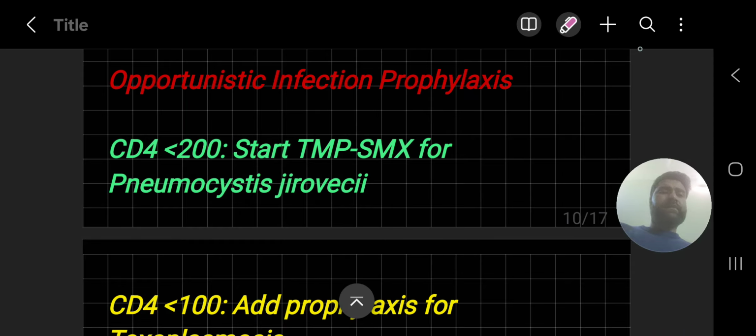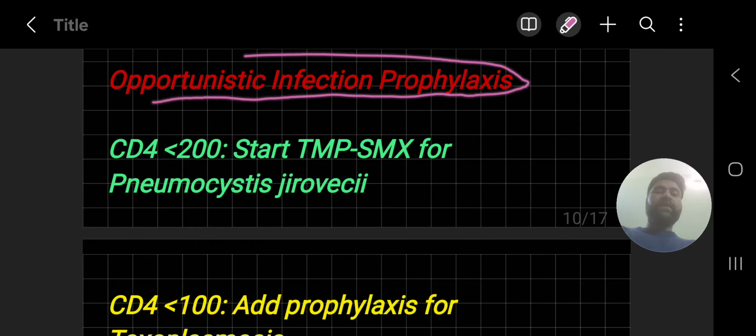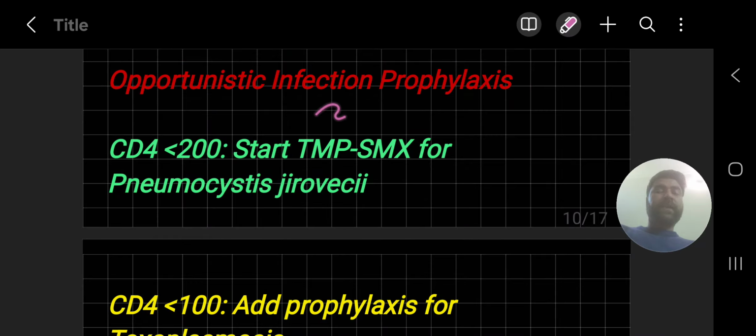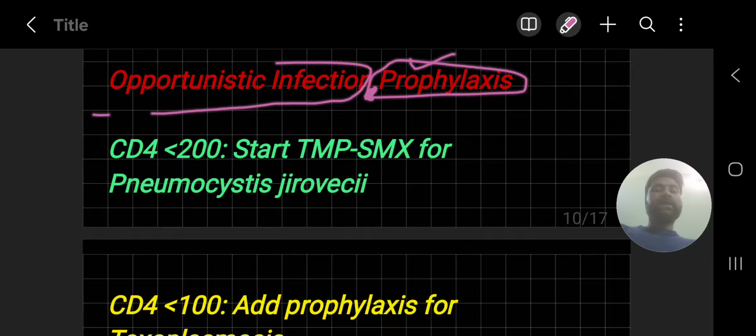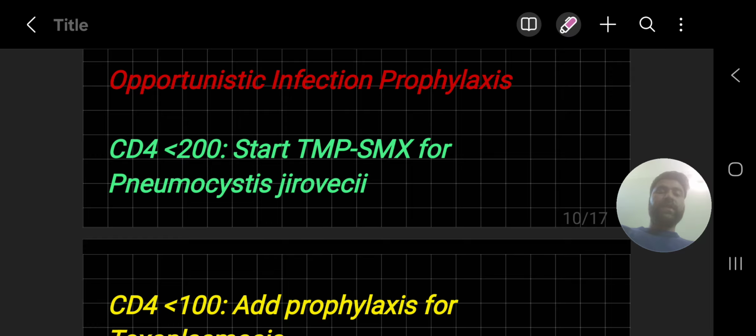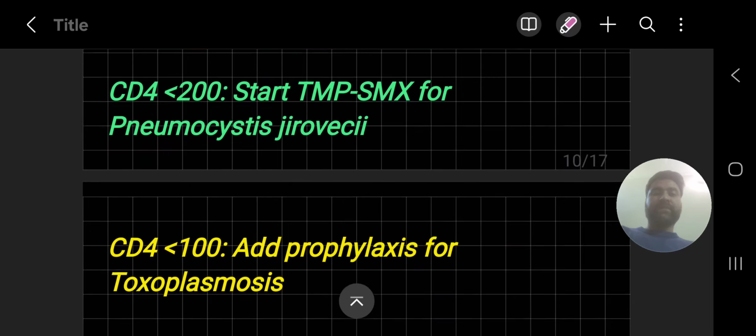Now, when you develop opportunistic infections, you have to treat them. But if you have a low CD4 count and you suspect that you can acquire these opportunistic infections, then you should go for prophylaxis.